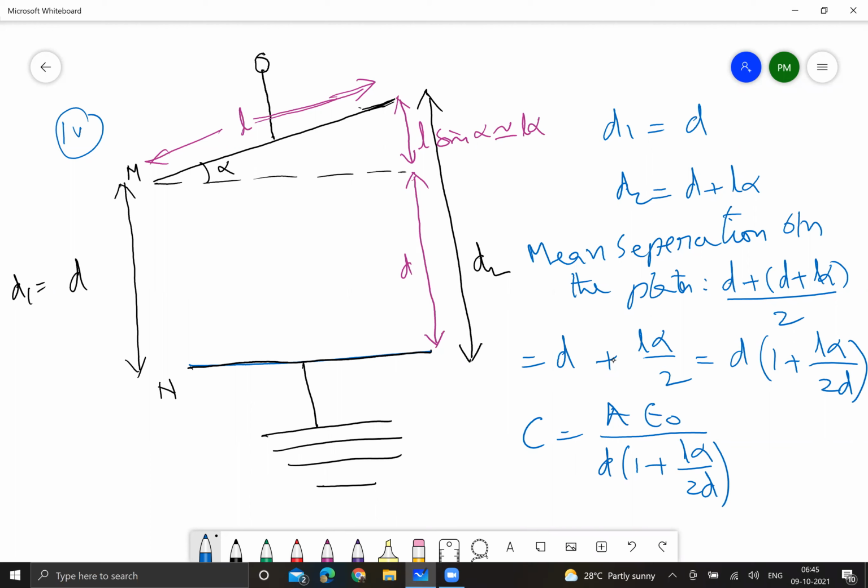So this is the expression, means C becomes C naught by 1 plus L alpha by 2D, or you can approximate it by taking it to the numerator as C is equal to L square epsilon 0 by D into 1 minus L alpha by 2.